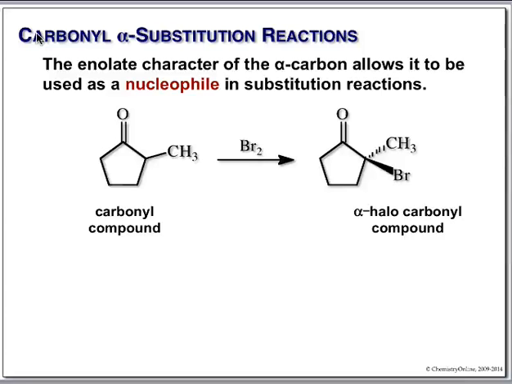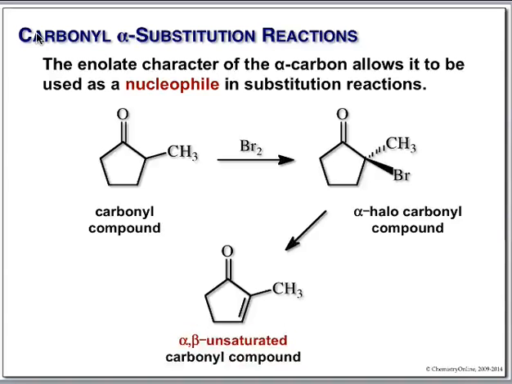We'll also see a little bit later that once we have substitution at the alpha position, if it's a leaving group, the leaving groups will be halogens or OH, hydroxyl group, we can do an elimination. Elimination will give us an alpha beta unsaturated carbonyl compound.